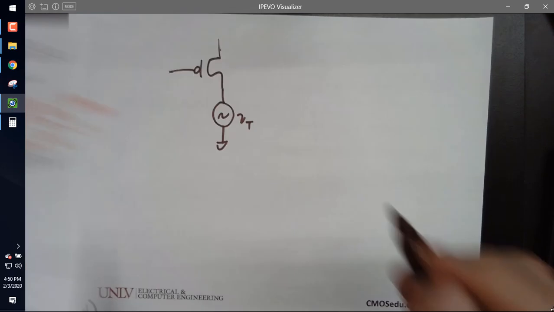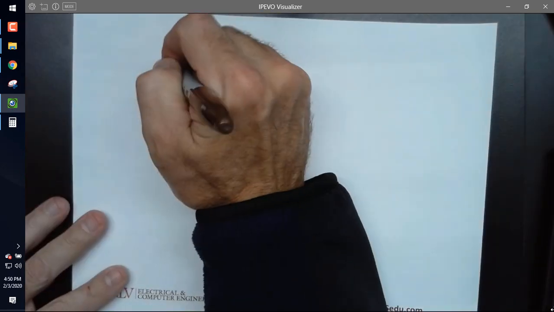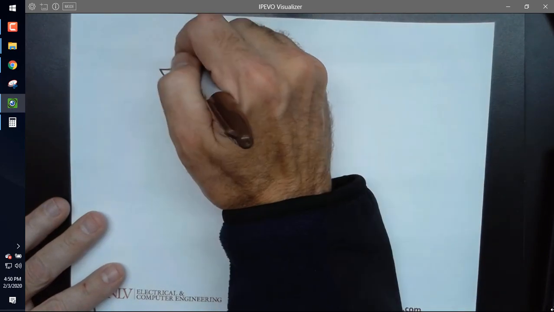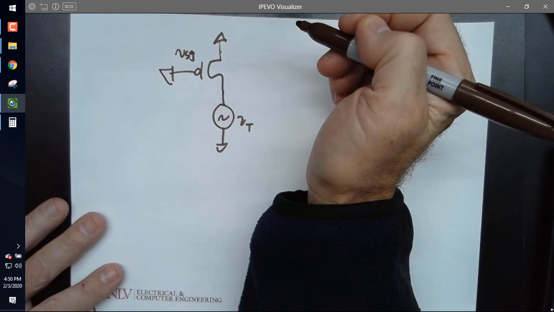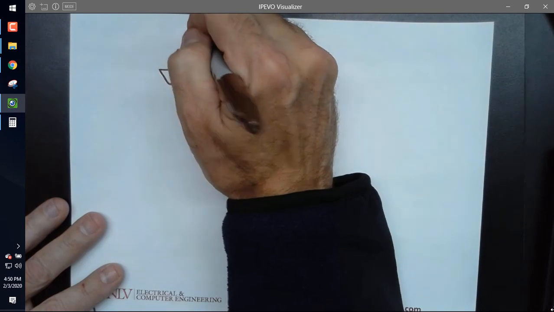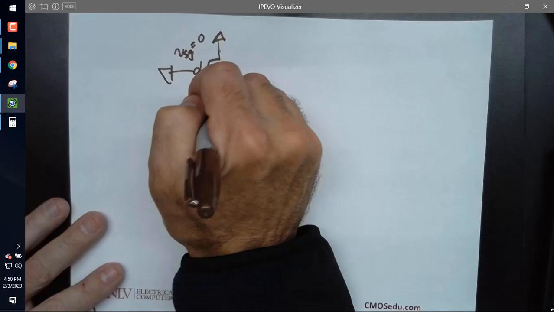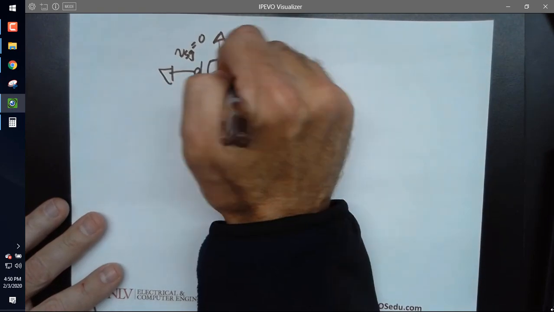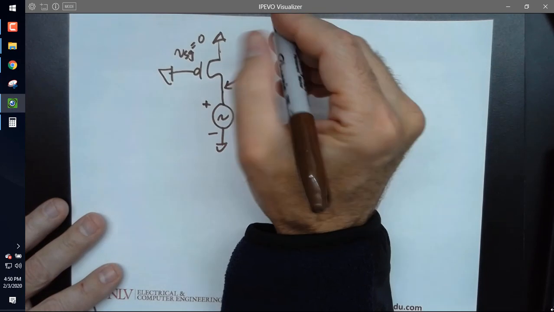Okay, so I'm going to write those here. Anybody got a problem with that? So what's VSG then, AC? 0. If I go plus minus, what is this voltage right here? VT.